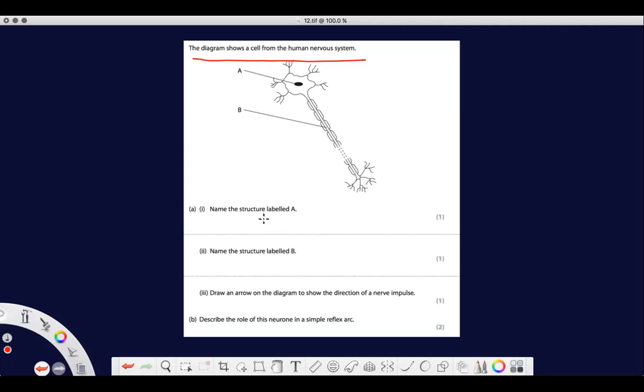Name the structure labelled A. Again, it is important to know the basic parts of the neurons. A is a nucleus, and we can see B is the axon. Draw an arrow on the diagram to show the direction of the nerve impulse. So the nerve impulse is always generated from the cell body, and then it goes through the axon. So it should be this direction.